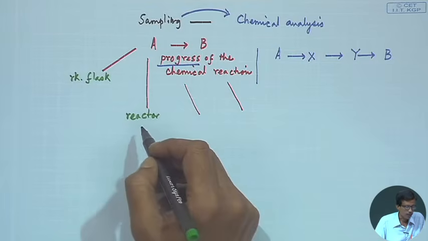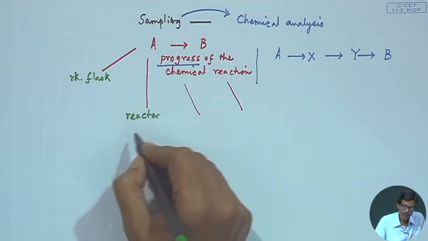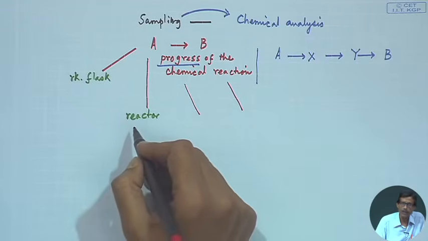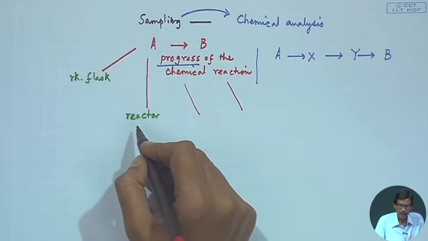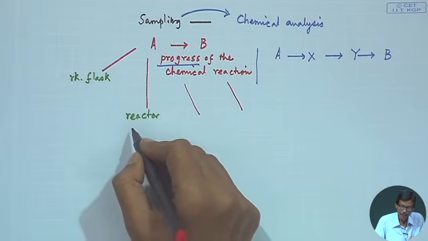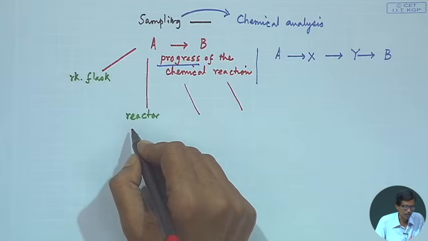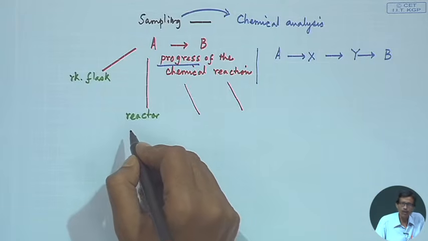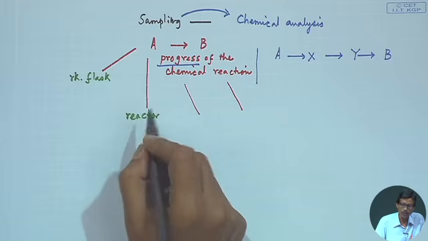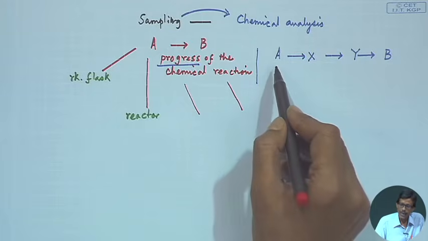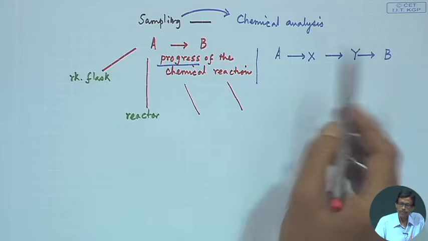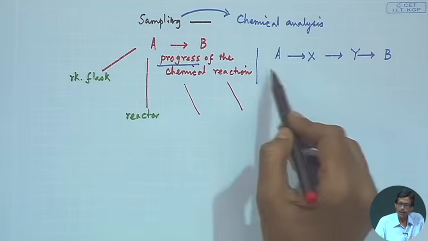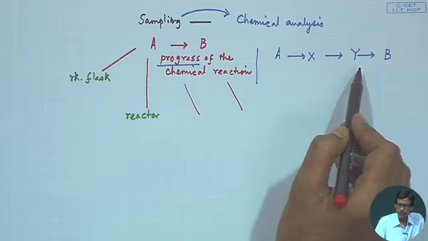So, we can monitor that, and in between, that means when the reaction is taking place for this particular process, suppose a metallurgical process, a furnace, and other reactions are taking place within that particular furnace or reactor. So, intermittently or continuously we can monitor the progress of the reaction where A is not fully converting to B, or A along with X and along with Y, they are all present in a mixture.